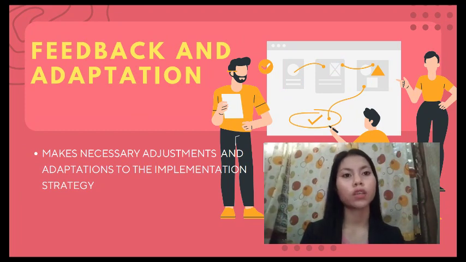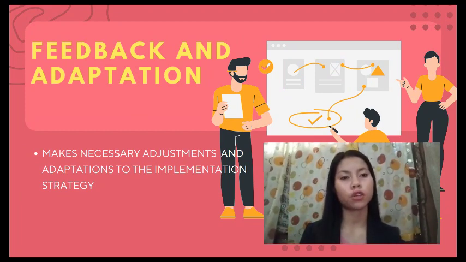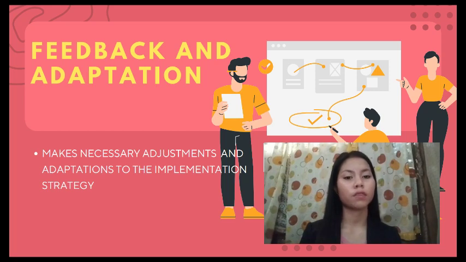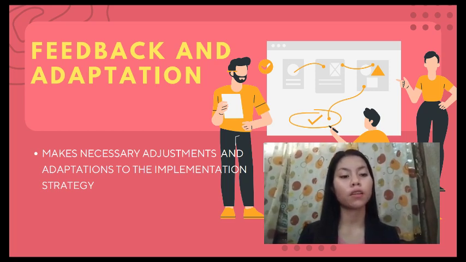So, hello everyone. My assigned topic is all about feedback and adaptation. The words feedback and adaptation are very suitable for us. Gather feedback from stakeholders and employees involved in the program. Use this feedback to make necessary adjustments and adaptations to the implementation strategy.